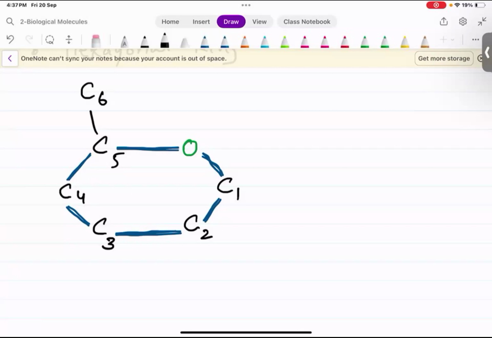Are you people there? Yes, sir. Okay. So there are hydroxyl groups and there are hydrogens attached with it. Carbon number 2 has a hydroxyl group here. Carbon number 3 has an OH group opposite to that.